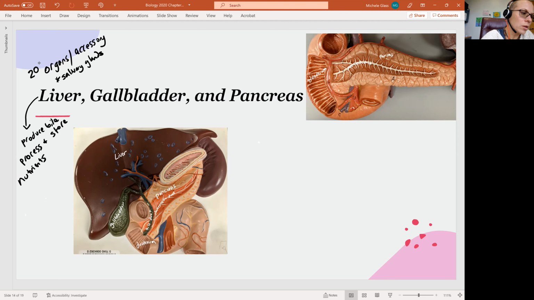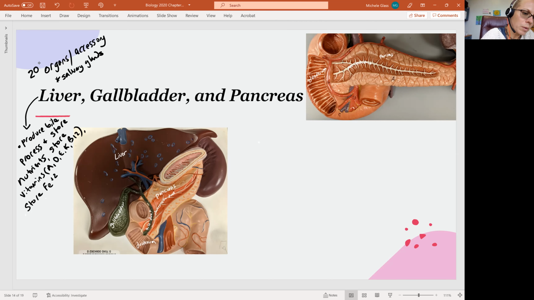We'll see also we're going to store vitamins. So we'll see storage of vitamins A, D, E, K, and B12 here. We're going to store iron.